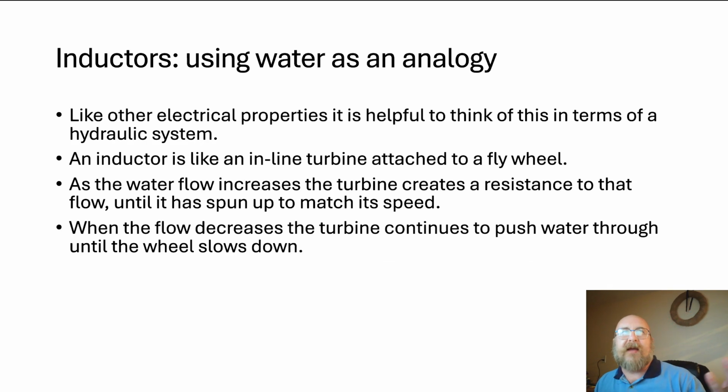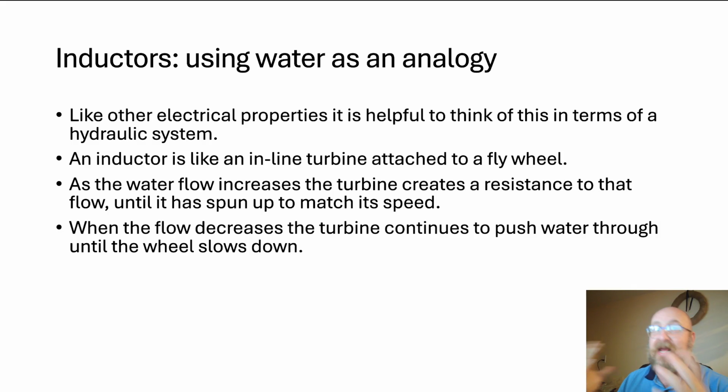And one of the more effective ways of looking at it is using the water analogy, which we can use the same way we use it for voltage. Voltage is pressure, and current is flow. Well, in a hydraulic system, we can think of an inductor as an inline turbine attached to a flywheel.